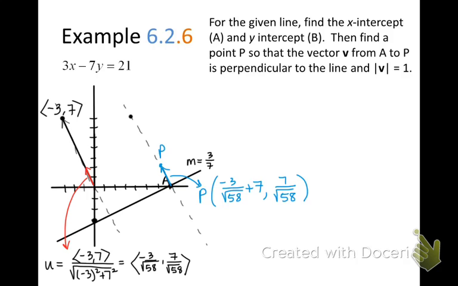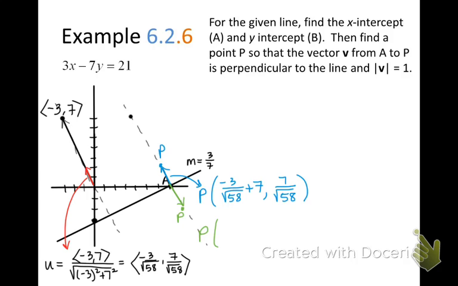Is that the only point P I could have found that would be perpendicular? What's the other one I could have found? Going in the negative direction. So I could have also done going in this direction, right? And I could have called this point P. It would still have a similar technique, wouldn't it?